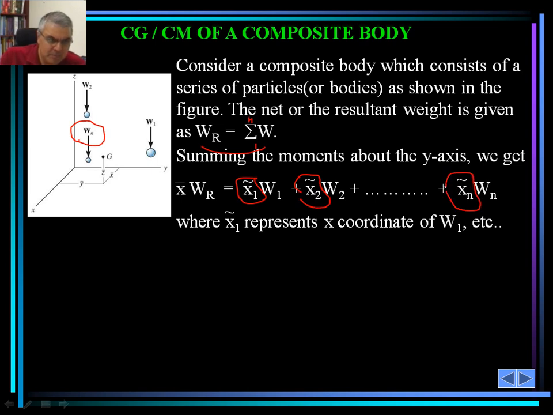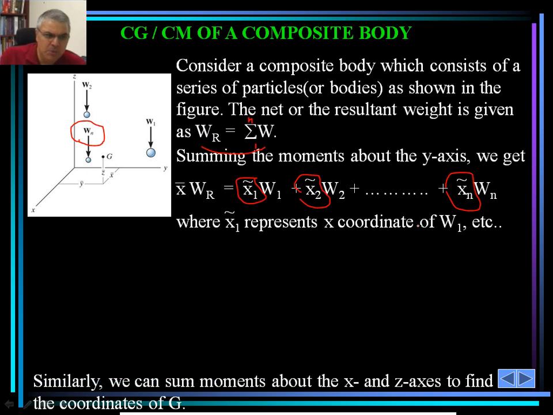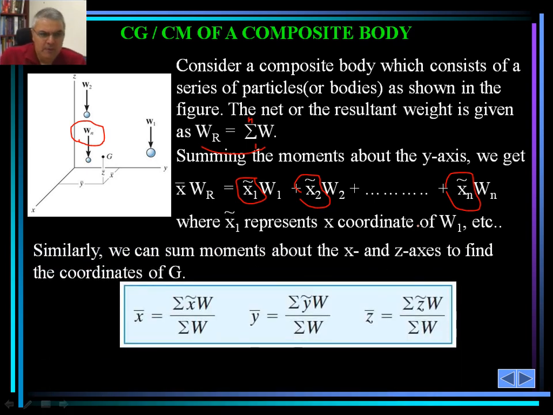Okay, those would represent the x coordinate of W sub 1, W sub 2, etc. So then we can sum the moments about the y-axis, and after doing so, we can do the same procedure for the x and z-axis. So as you can see, x bar could be calculated as the summation of x hat w divided by the summation of w.